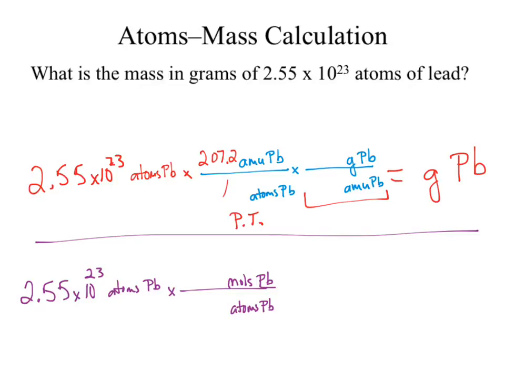What is our conversion factor between atoms and moles? 6.022 times 10 to the 23rd atoms equals 1 mole. Where does the 1 show up? In front of moles. Good answer. 6.022 times 10 to the 23rd shows up in front of our atoms. What unit am I now in? I'm now in moles of lead.